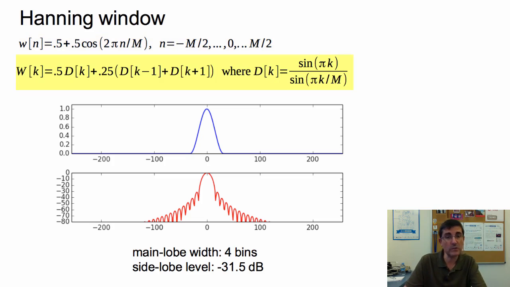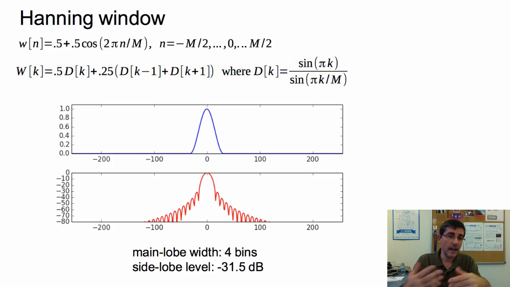In fact, all the windows can be expressed in the time domain by sums of cosines, and in the frequency domain by sums of this sinc function. So in this case it is the sum in the frequency domain of 3 sinc functions.